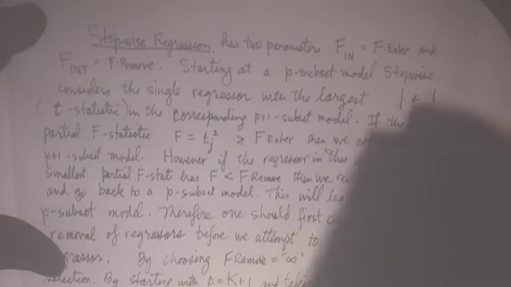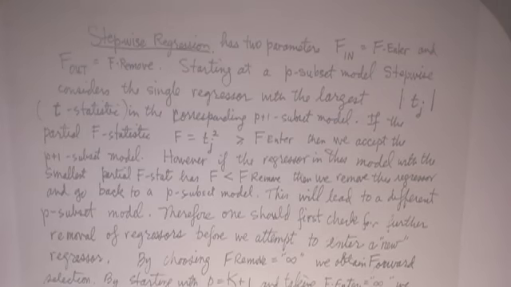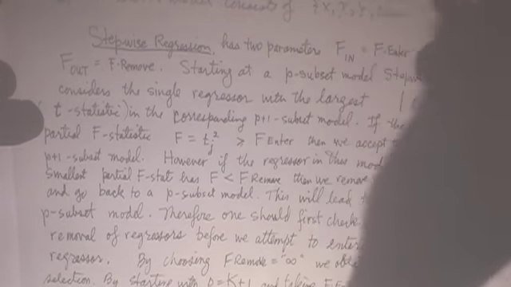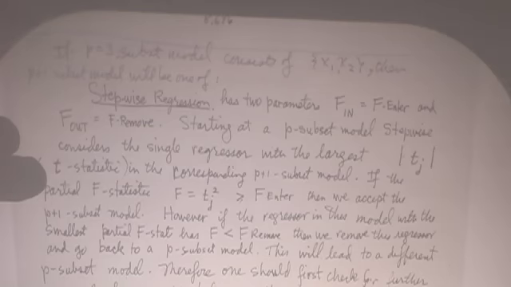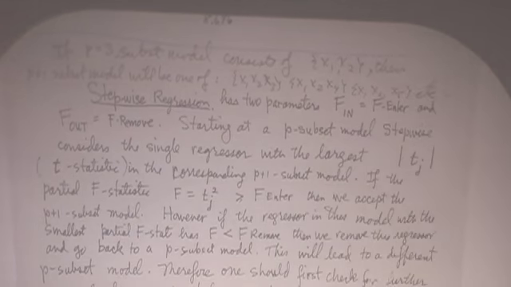So I'm saying that if the P equals 3 subset model consists of X1, X2, then the P plus 1 subset model will be one of X1, X2, X3, X1, X2, X4, X1, X2, X5, etc. I'll consider all possible things. So that would be, what, 7 of them, right?